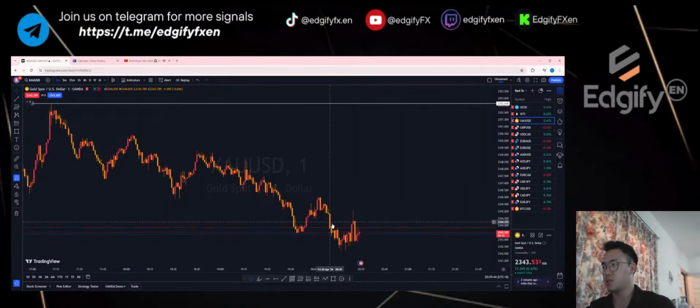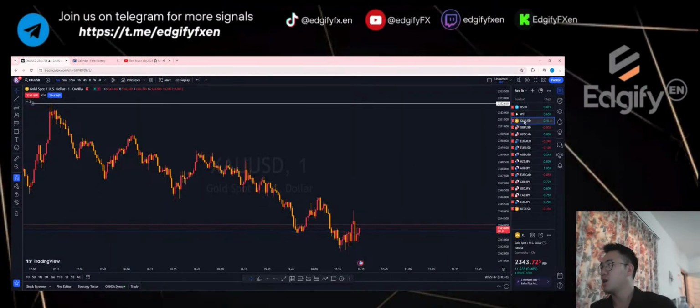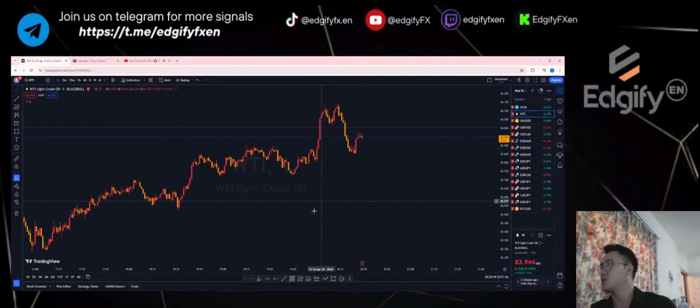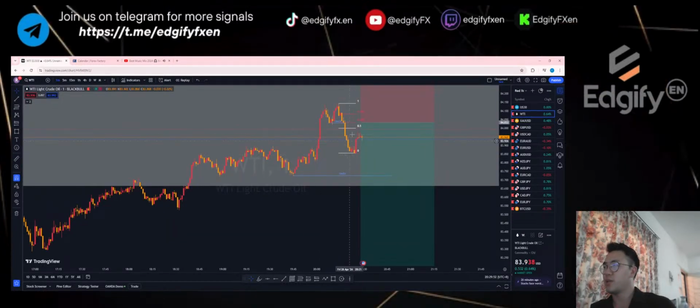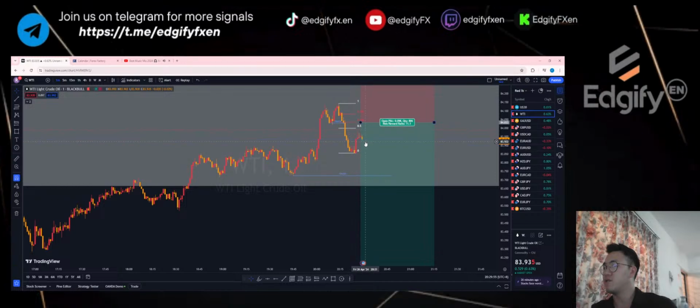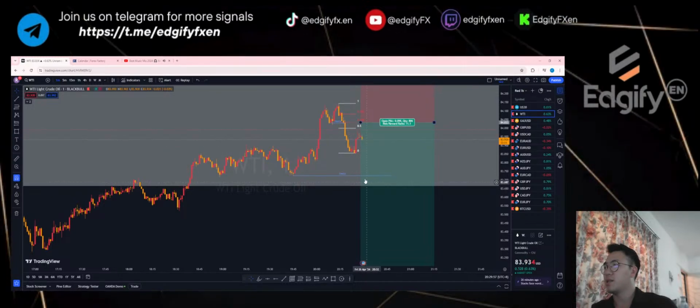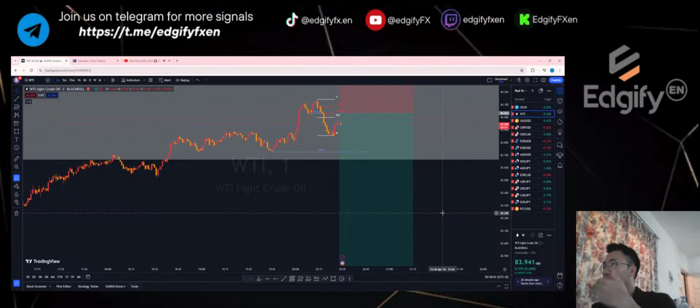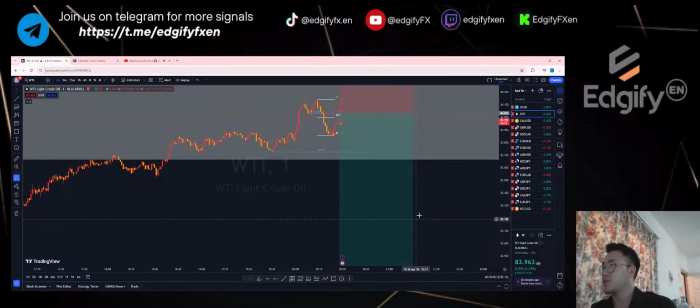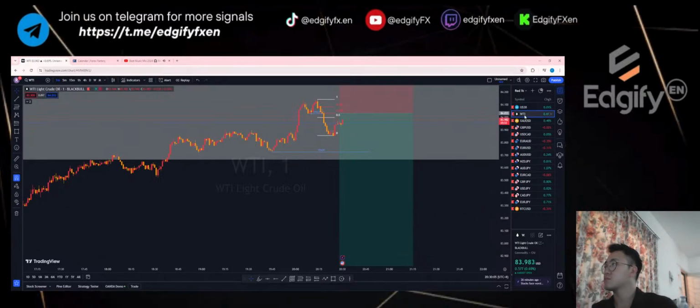I'm looking at WTI because it's nearer to what we are looking for. Gold, we still need a tap in and also a confirmation after that on the 1 minute. So I'm looking at WTI right now to see if this will break below, and then we'll start trailing it and see if we can get an entry. It's 8:30 now.